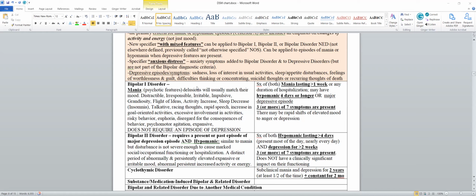The main difference between bipolar 1 and bipolar 2 is that bipolar 1 has mania and does not require an episode of depression. Bipolar 2 disorder requires a present or past major depressive episode and a hypomanic episode.